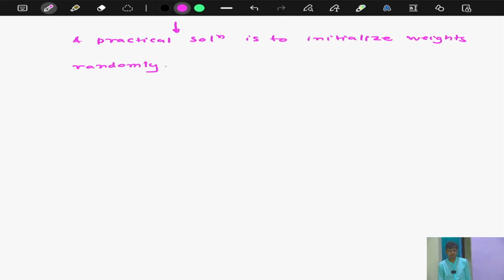Now, what is this random distribution? I am not specifying. It can be uniform, it can be Gaussian. Both are possible. Most of the time people do Gaussian because I feel that Gaussian we are most familiar with, but you can also do it uniformly, and it is done uniformly as well in some cases, but randomly, because that ensures that they are not the same. You take 10 samples, they are different. So, randomly.